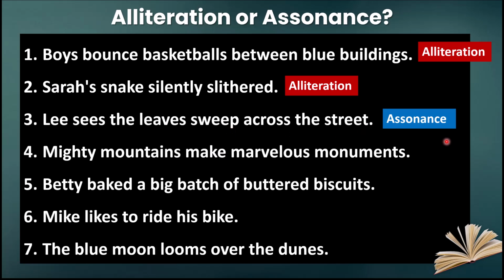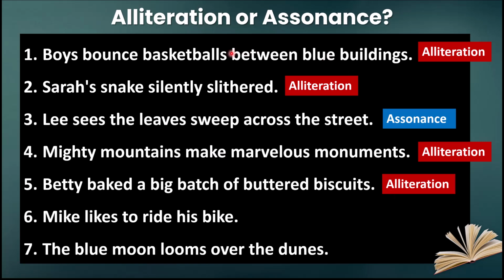Number 4, we have another example of alliteration because we have the consonant M sound. Mighty mountains make marvelous monuments. And again, alliteration is used in number 5. Betty baked a big batch of buttered biscuits. And again, every word in the sentence does not have to begin with the same consonant sound for it to be considered an example of alliteration.